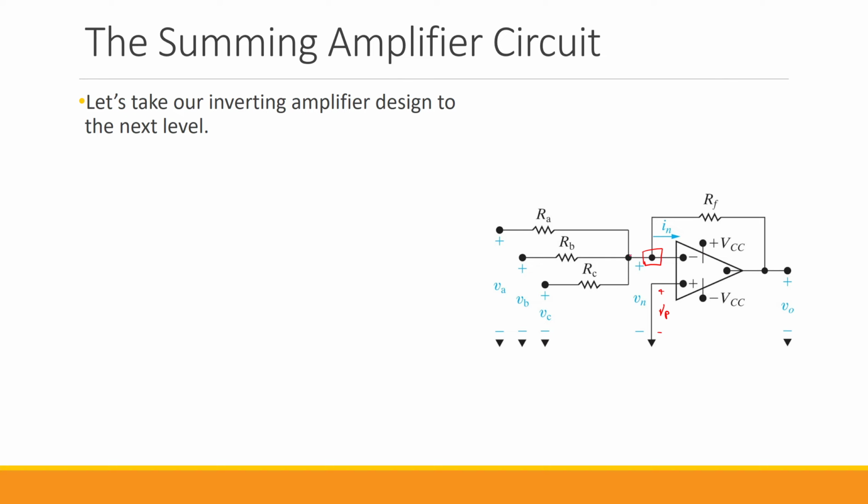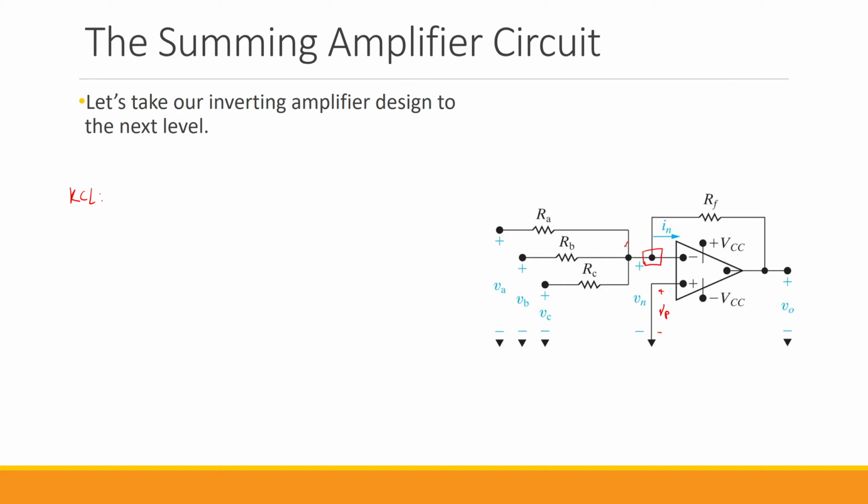And this time I'm going to use the node voltage approach to come up with the equation that shows the relationship between VO and the three inputs that we have, VA, VB, and VC. So let's write down the KCL for this node. The voltage here is Vn.